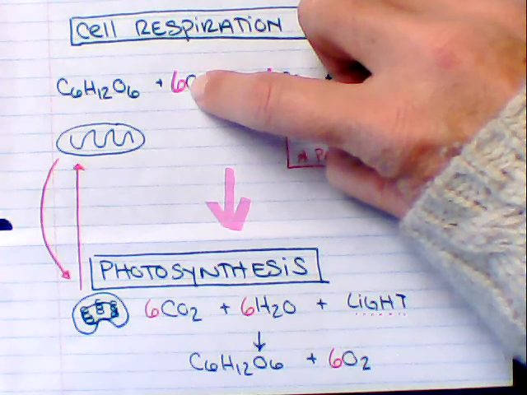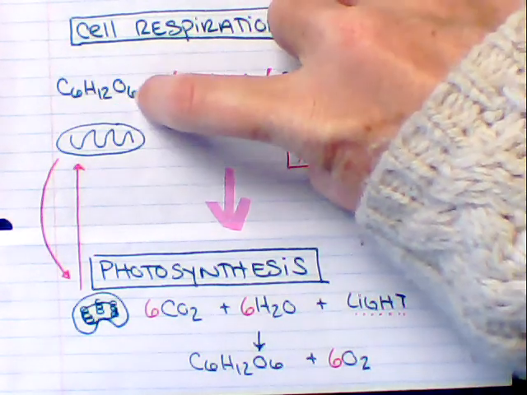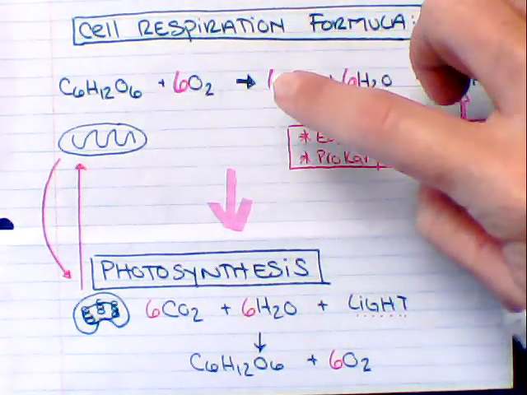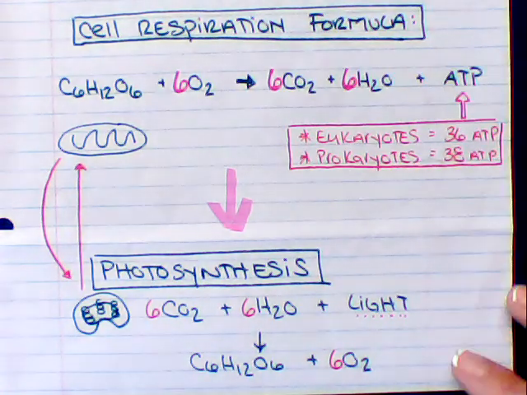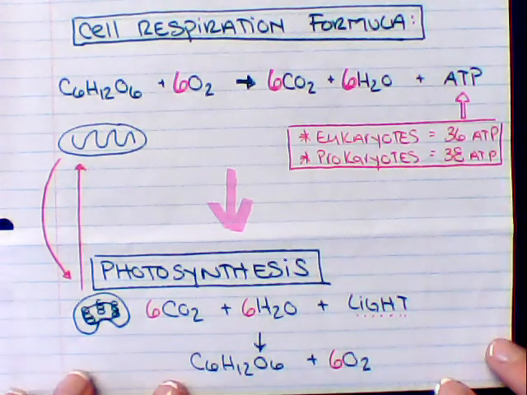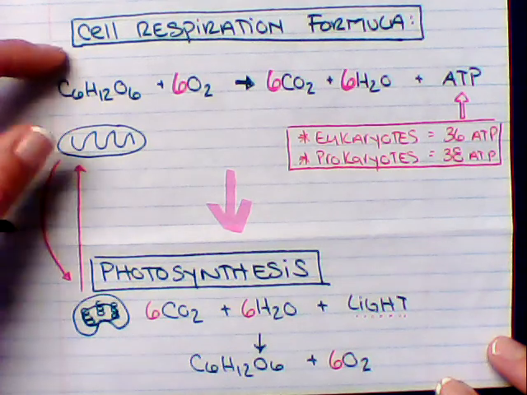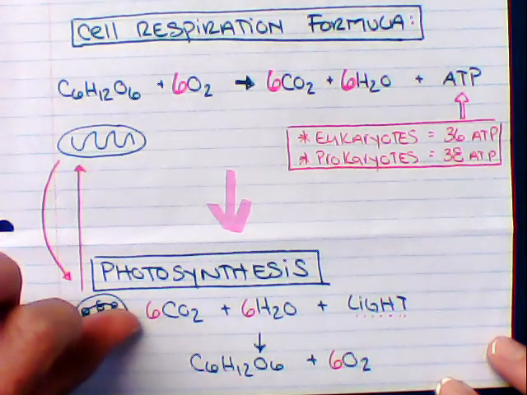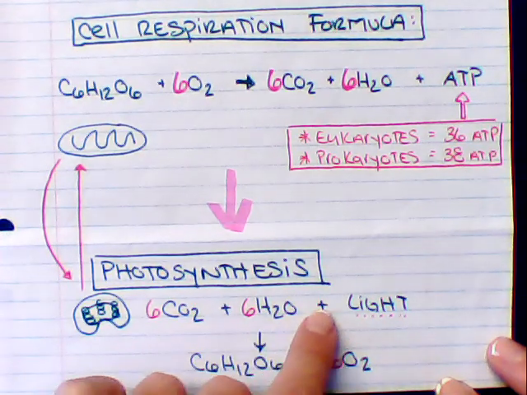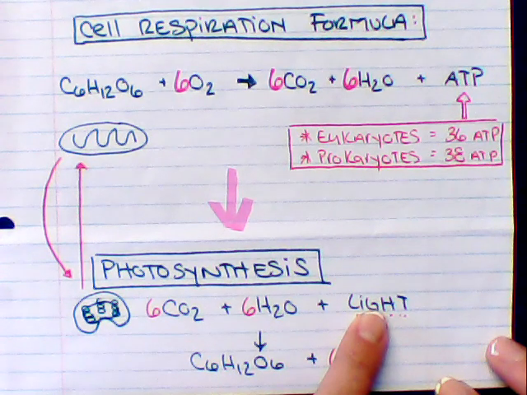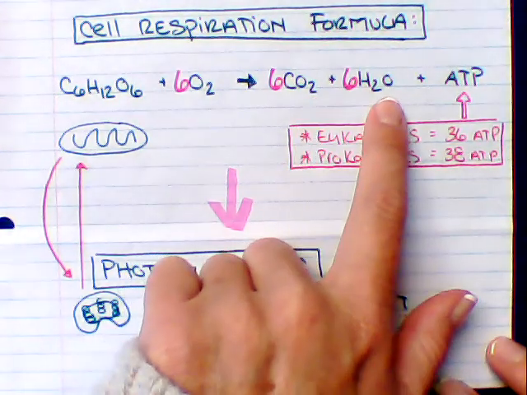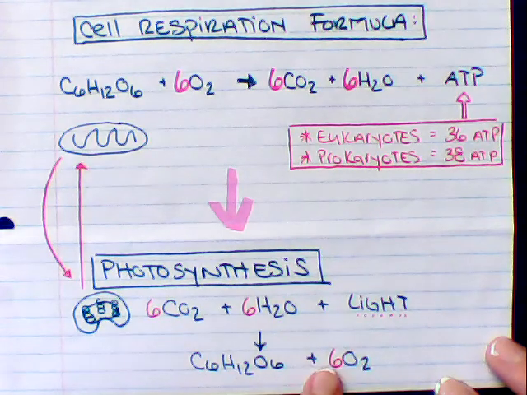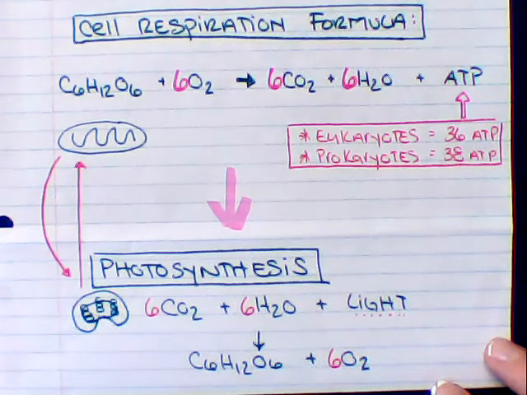You can kind of remember that from the sugar telling you twice, there's 6's here, and then just go and put a 6 next to each molecule. Also, please remember that cell respiration is the mirror image of photosynthesis. So we simply take photosynthesis reactants, and those are cell respiration's products. Photosynthesis's products are now the reactants of cell respiration.